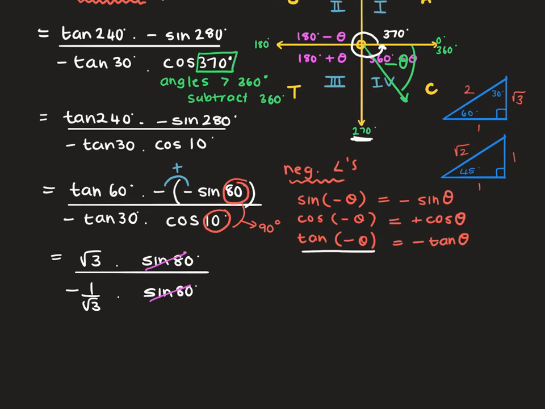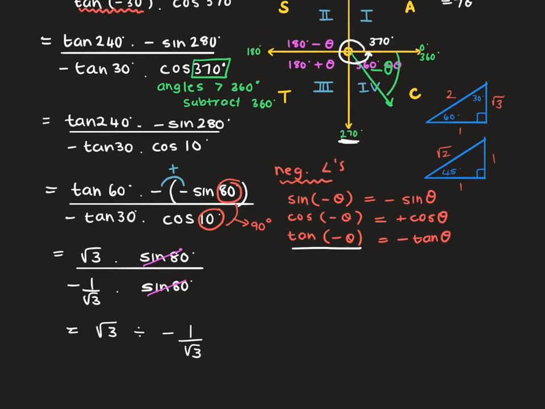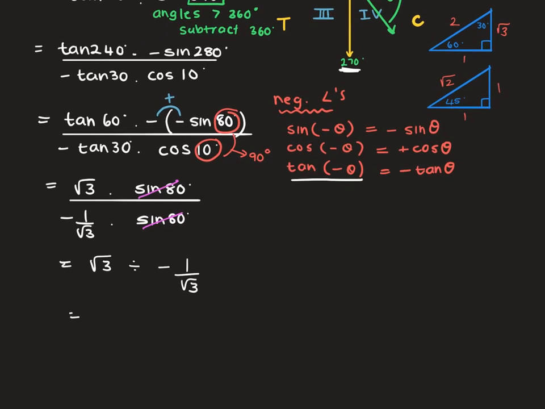And what's left over, grade 11s? We have root 3 divided by negative 1 over root 3. What does that become? That will be root 3 times negative root 3 over 1. And we know that if we multiply those two surds together, your final answer is just going to be negative 3.